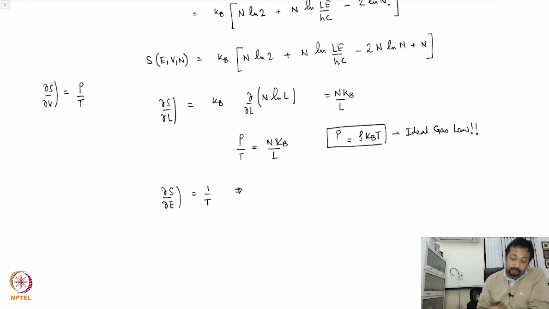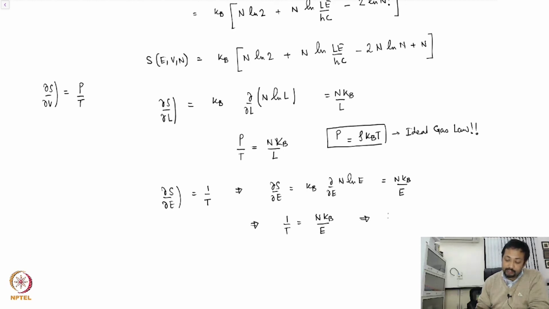So this implies that del S del E from this expression is Kb times del del E of n ln of E. Rest of it doesn't matter because they do not depend on the energy, and which is n Kb divided by E. So that I have 1 by T is going to be n Kb over E, and this implies E is equal to n Kb T.